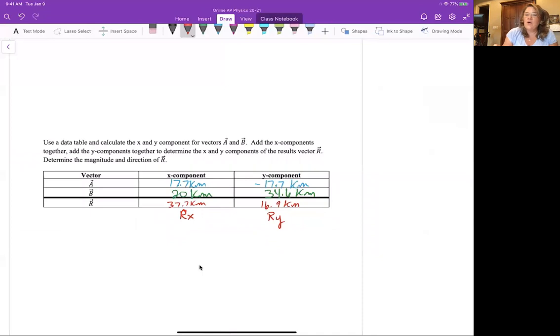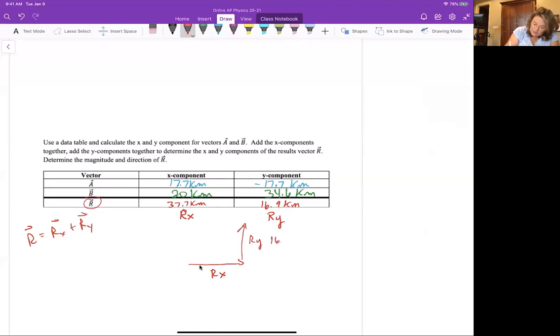Part C wants to know the magnitude and direction of R. Well, if I know the components, remember that R is equal to just the addition of their components in the X and Y direction. So this is where being able to draw it helps. So draw Rx in the correct direction, Ry.